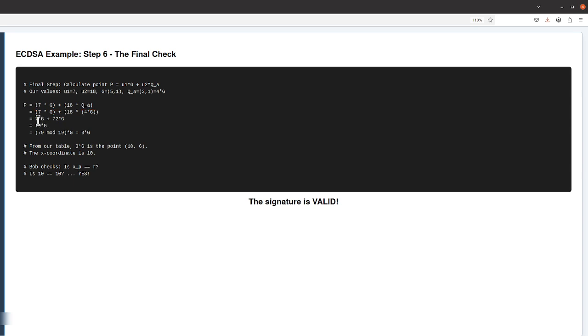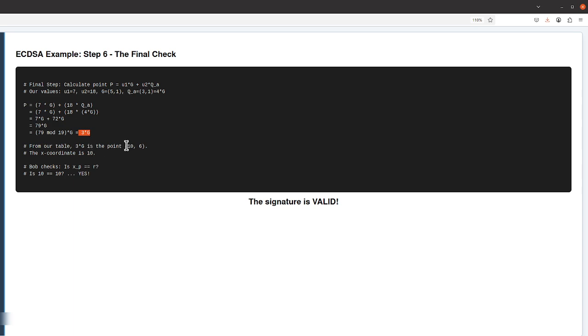P equals 7G plus 18 times 4G. This becomes 7G plus 72G, which is 79G. We take this modulo our group order of 19. 79 modulo 19 equals 3. So, Bob is really calculating the point P equals 3G.